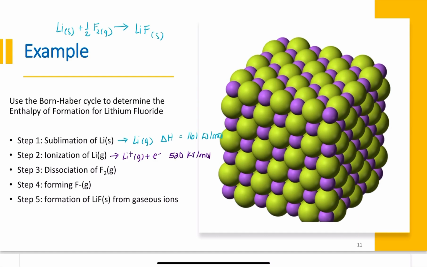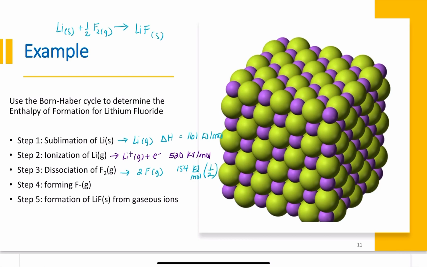It wants to lose that electron, so the energy's not real high, but it's going to make you pay for it still. Step 3, dissociation of F2. Basically taking F2 gas and forming 2 moles of F gas. Breaking this apart, the bond energy here is 154 kilojoules per mole. So multiply this by 1/2, divide by 2.